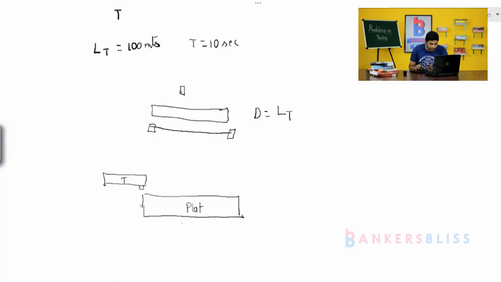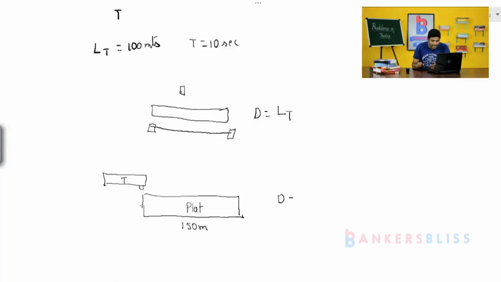In front of the pole, the entire train passes, which is the total distance. But here, for example, 150 meters is the length of the platform. The entire train has to cross the entire platform.